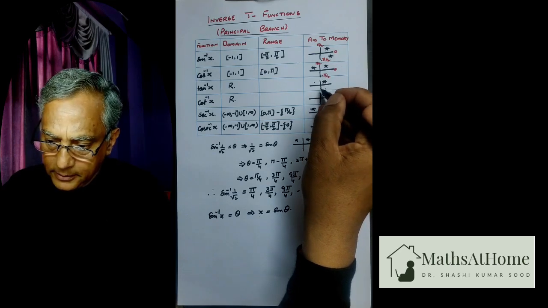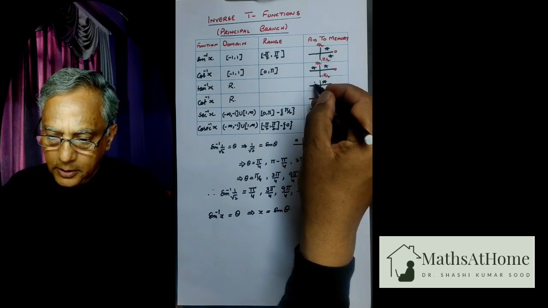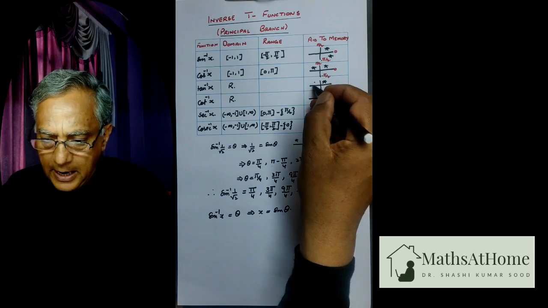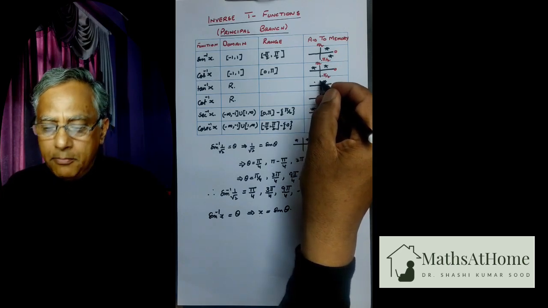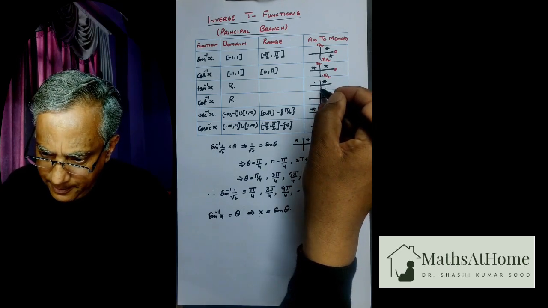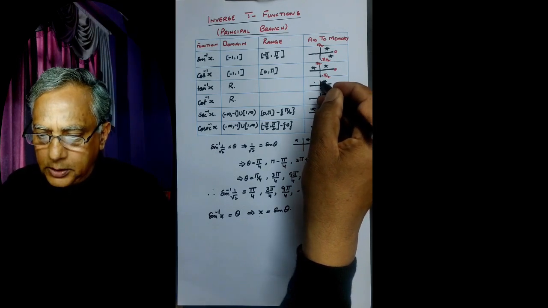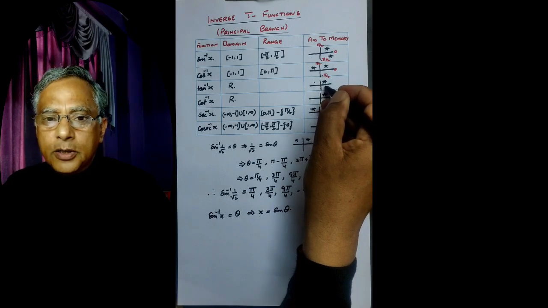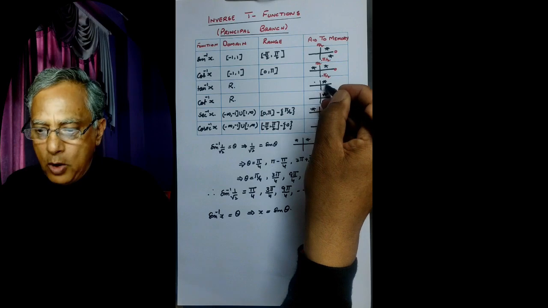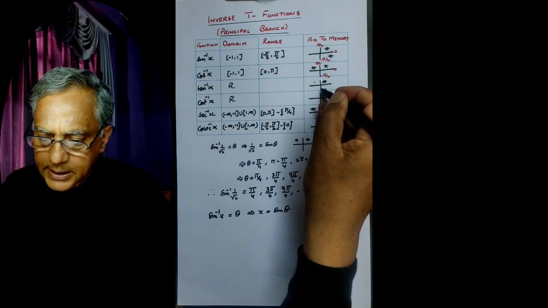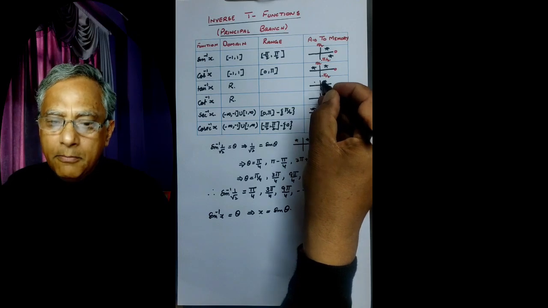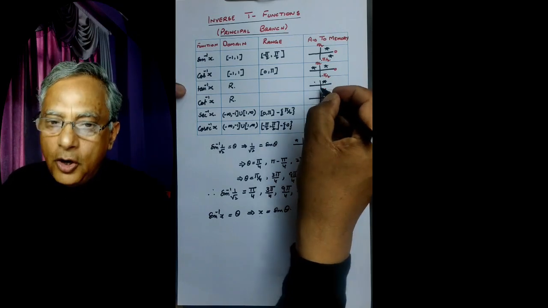Say this quadrant. Then it will be 0 to pi, and we will have to delete pi by 2. But if I take from here, minus pi by 2 to pi by 2, the interval is continuous. We don't have to delete any of the points. So instead of taking 0 to pi, we will take minus pi by 2 to pi by 2. This is more logical.